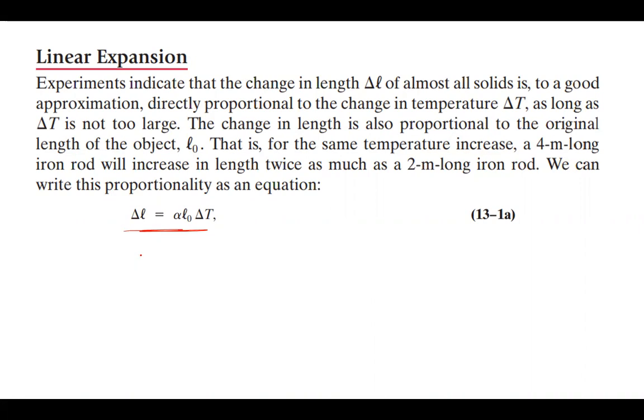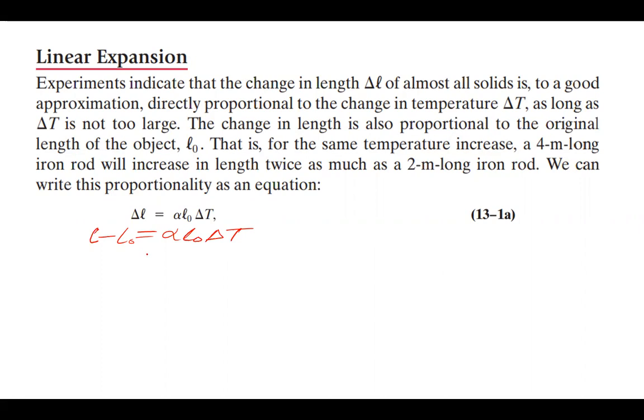Now let's take, for instance, the change in length, which is given by L minus L naught. This is equal to the coefficient of linear expansion, alpha, then L naught, and then delta T. Then you have this as your equation. Let us now try to make L the subject.